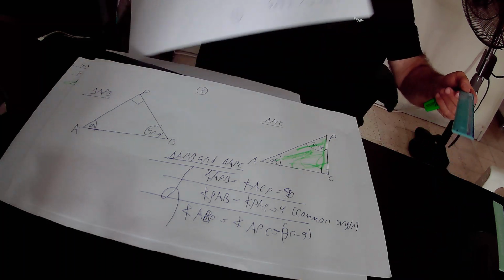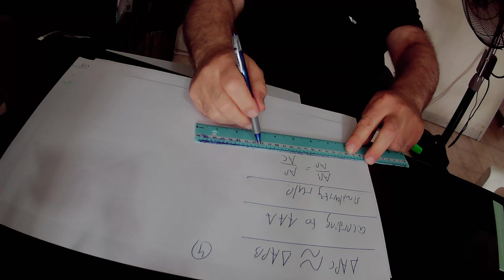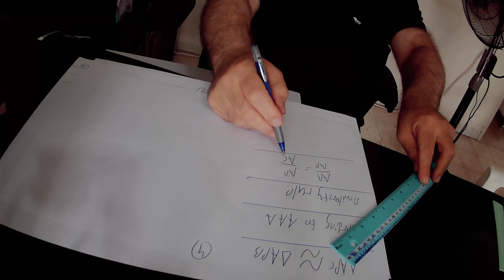Repeat again, we derive that AB over AP equals AP over AC.